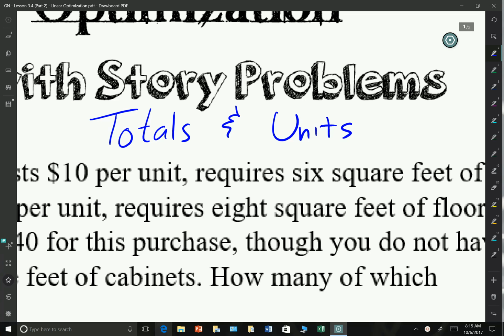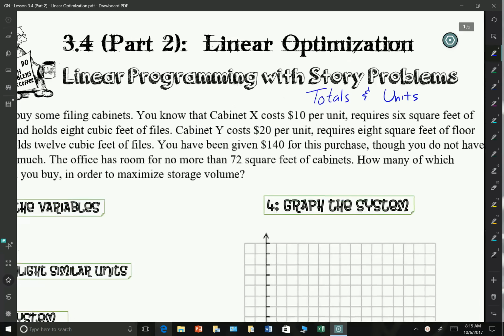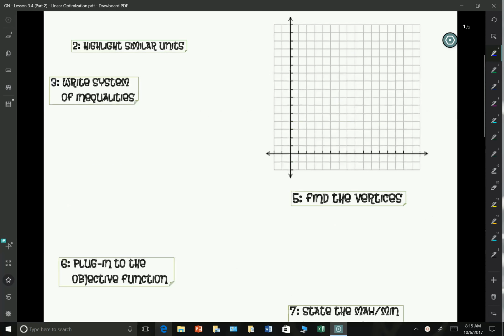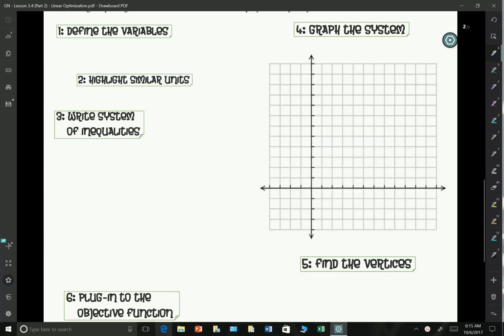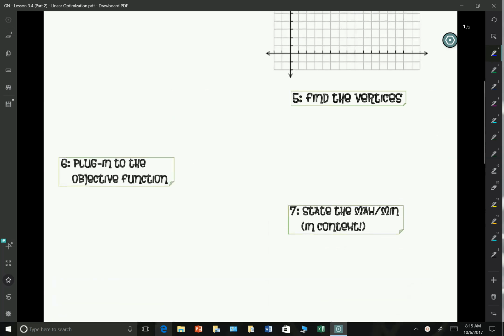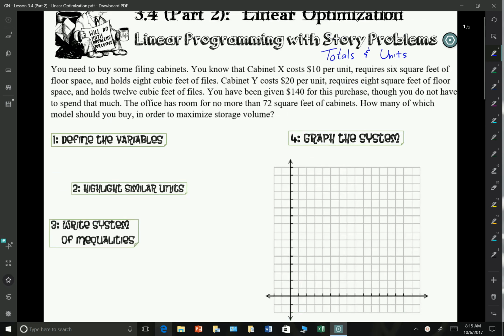And it's very simple. So the first few problems we go through, you're going to have kind of this template of what to go through. The goal is on the test, and even a couple of homework problems, there is nothing. It's just a paragraph with a grid for you to graph on. So we have to figure out how to be given a paragraph and do all of these steps.